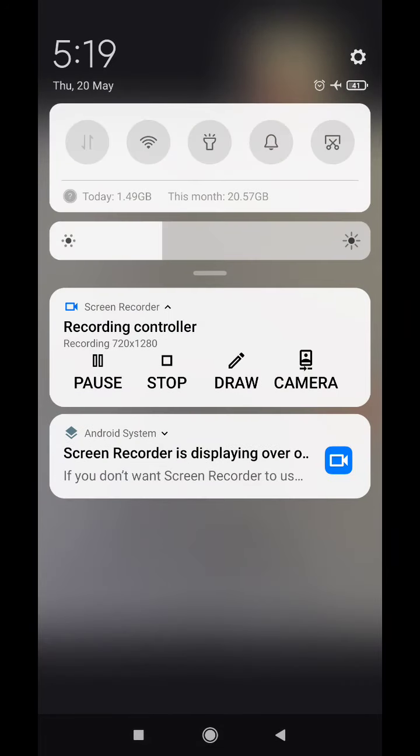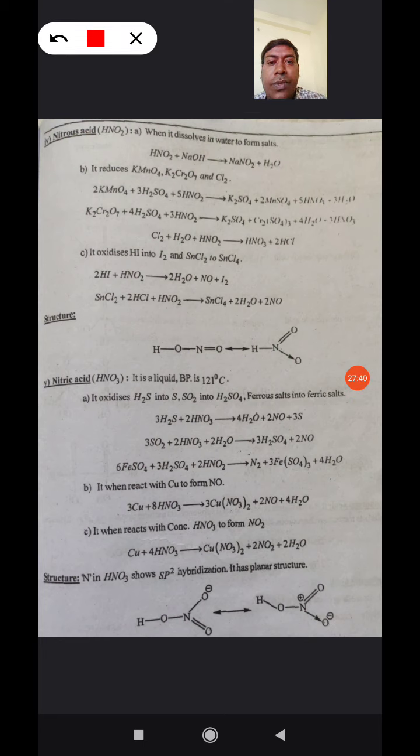The next one, nitrous acid, HNO2. The formula of nitrous acid is HNO2.